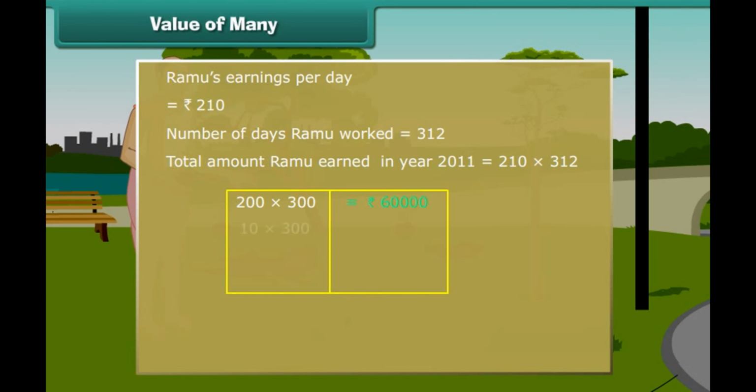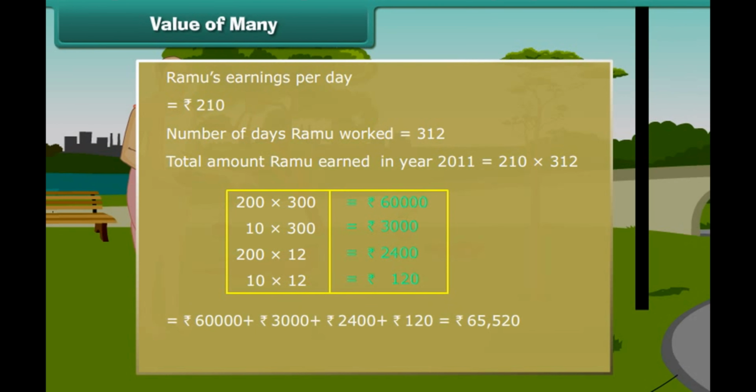Then 10 and 300. Then 200 and 12. Then 10 and 12. Now we add up the products to get 65,520 rupees. Therefore, Ramu earned 65,520 rupees in year 2011.